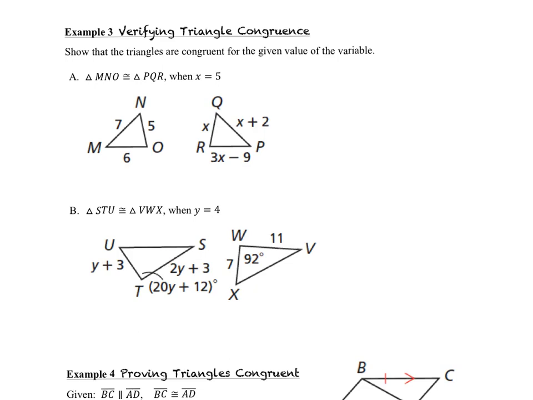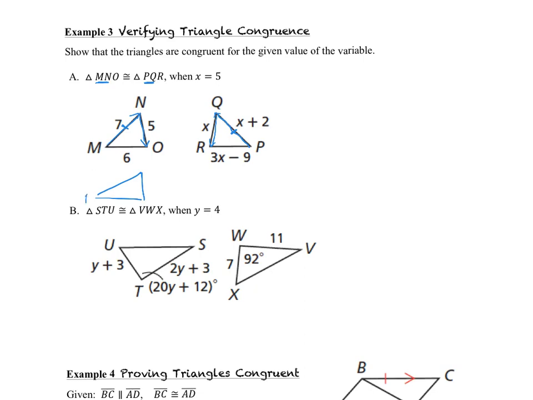Okay, example 3, verifying that triangles are congruent. Show that the triangles are congruent for the given value of the variable. Triangle MNO is congruent to triangle PQR. So we're saying that MN should be congruent to PQ according to the congruent statement. So if I want to, I can redraw these triangles so they actually match.